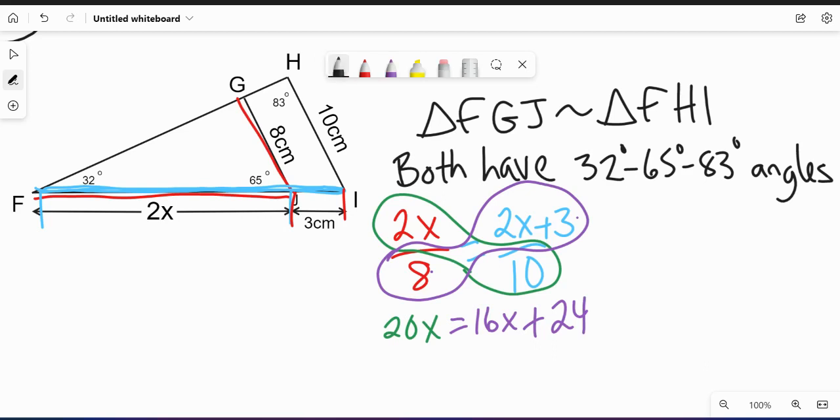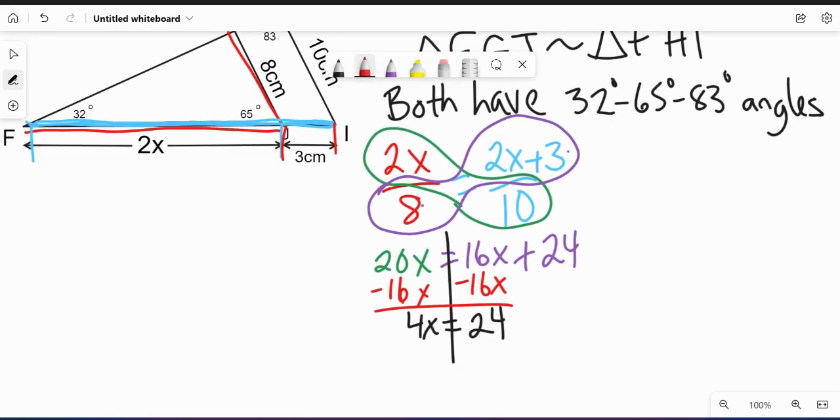All right, so solve this. I'm going to minus 16x from both sides. And you get 4x is 24, and coincidentally, you get the same exact x. You're not always going to get x is 6, but in these two scenarios, we do. Basically, I'm showing you how to do these as well. So that means x is 6.